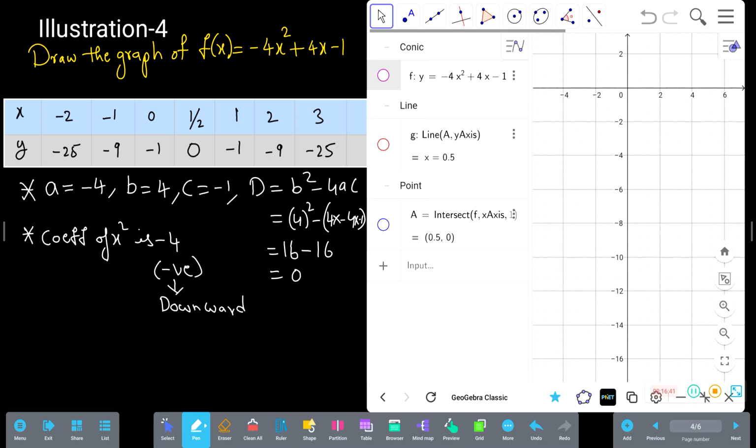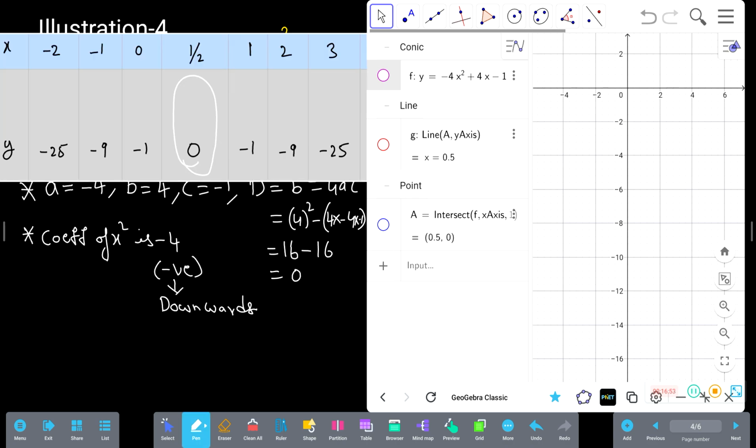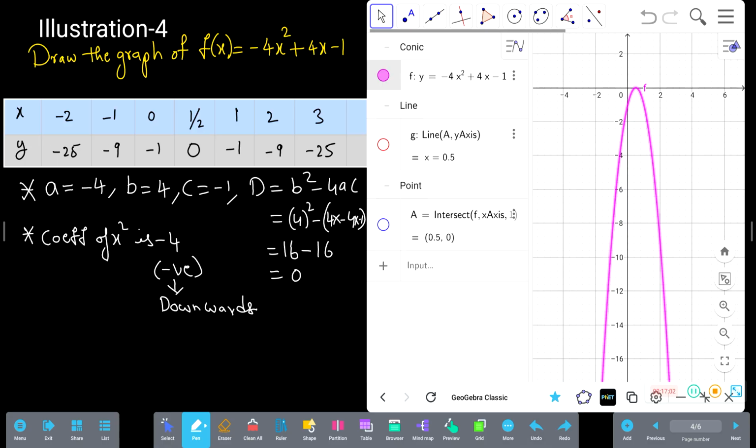Graph will be looking downwards. Here we can easily say that it is having only one value. If you see the graph here, it is open downwards and it is just touching the x-axis.